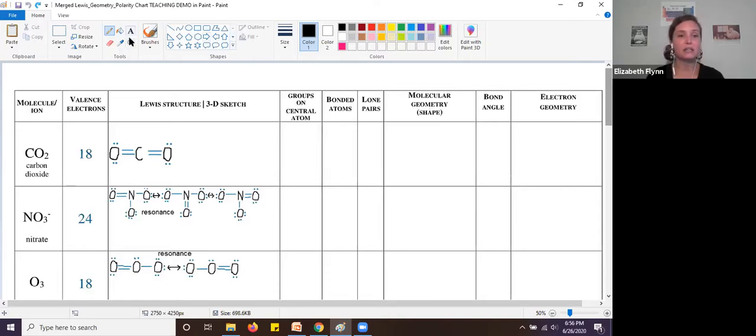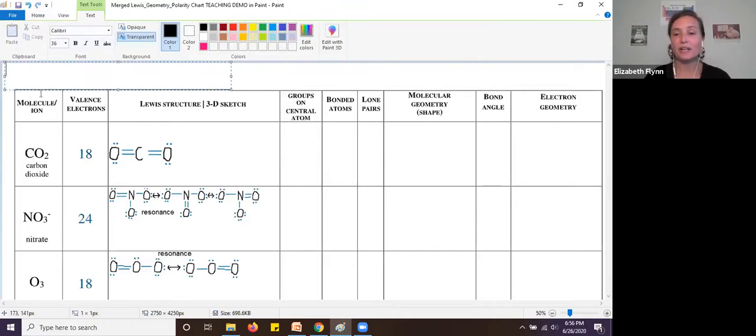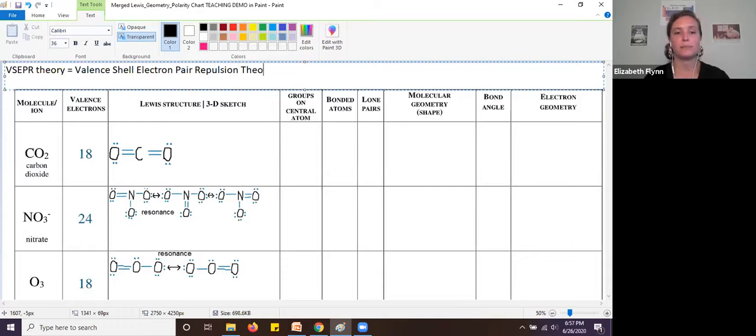And there is a theory called VSEPR theory. It's an acronym, VSEPR. It's not like Vesper, like the car, or Vesper, like the cocktail. It's an acronym that stands for valence shell electron pair repulsion theory.